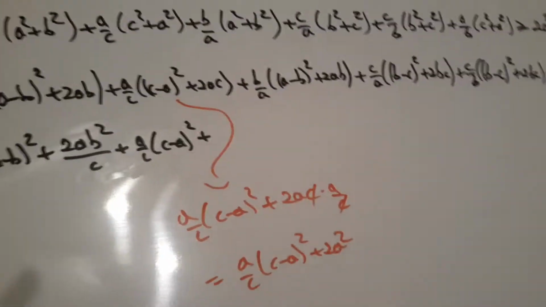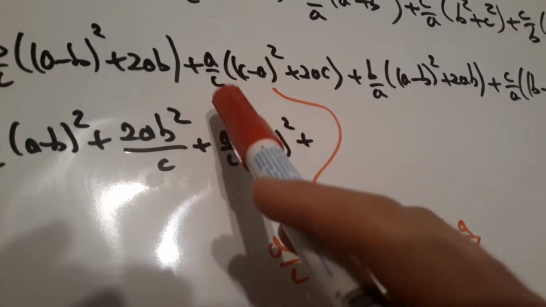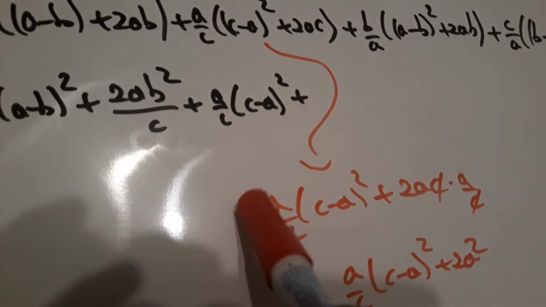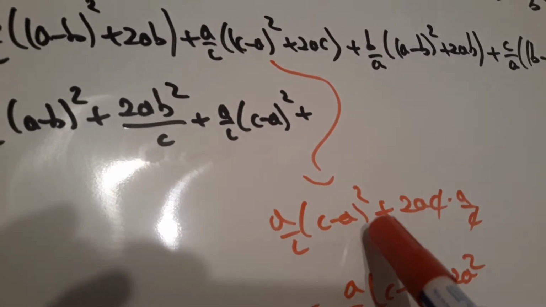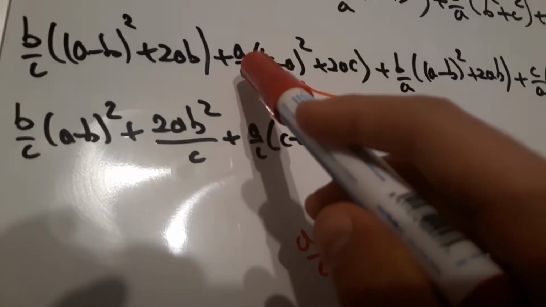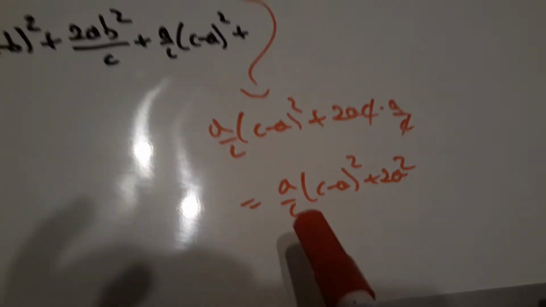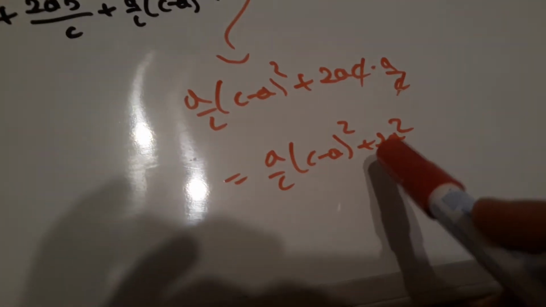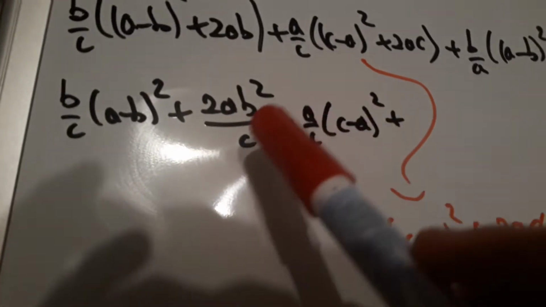And on the other side we will do the same. But for example here, this is more simple, because it's equal to ac, as you can see, a over c times (c minus a) all squared plus 2ac times a over c. We can simplify this c with this c, so we have a over c times (c minus a) all squared plus 2a squared. Not like this.